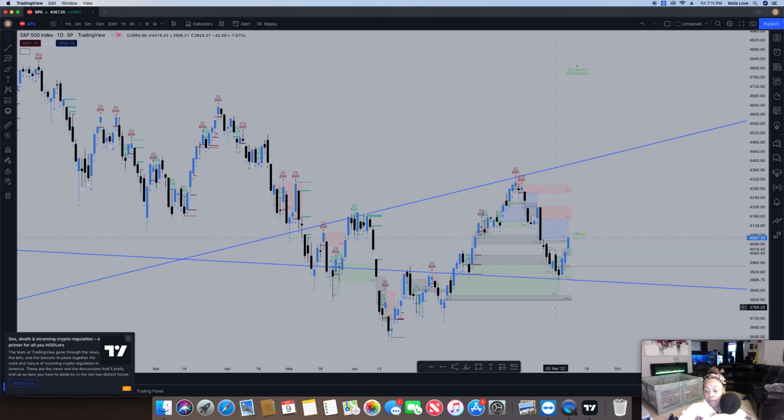You can draw a broadening formation on any time frame. You can draw it on a daily time frame, the 4-hour time frame, the 1-hour time frame, the weekly, the monthly. Me, I like to draw my broadening formations on higher time frames because when it hits on a higher time frame, it is a very strong enforced move with the strat.